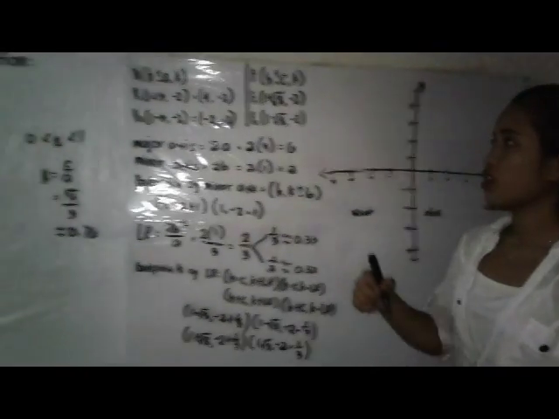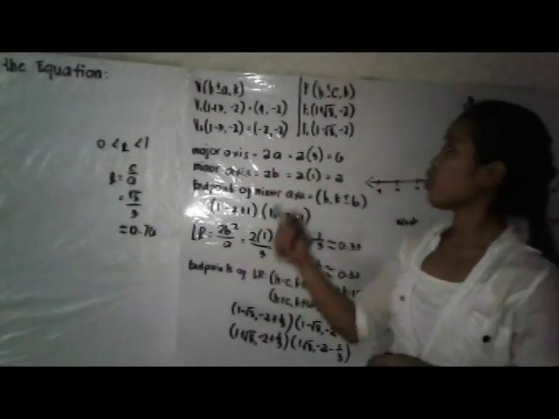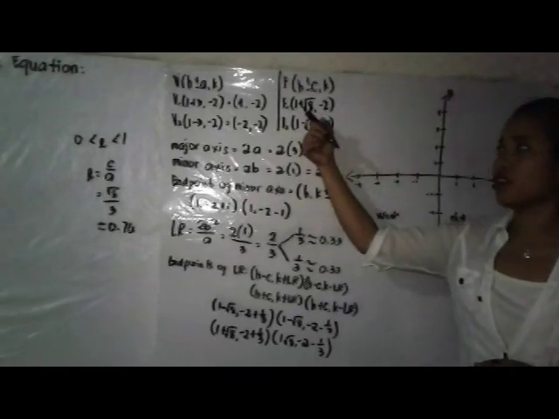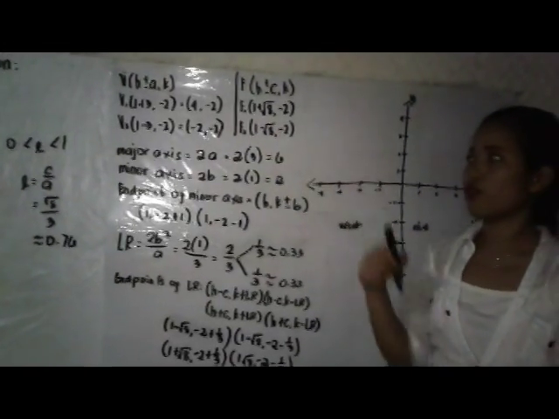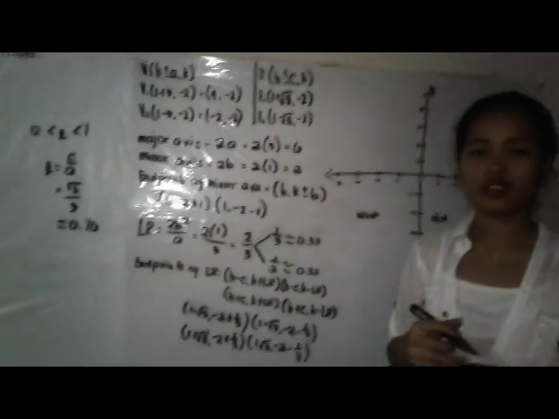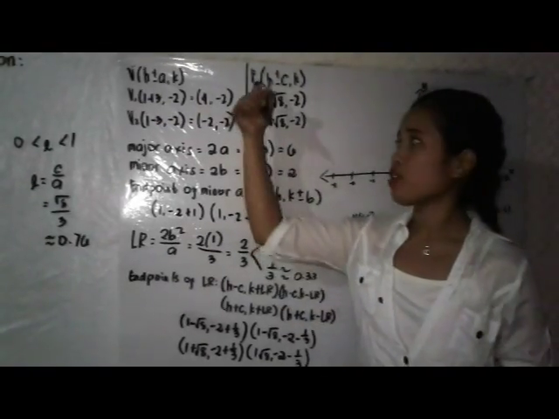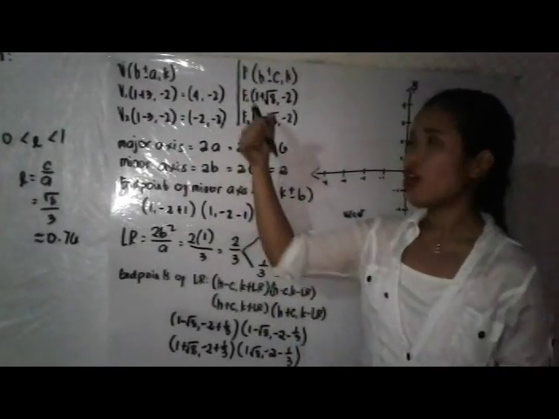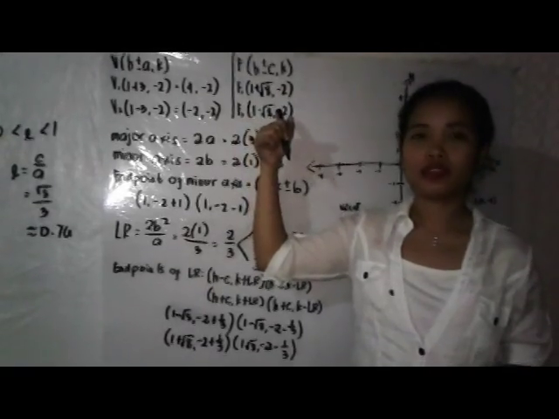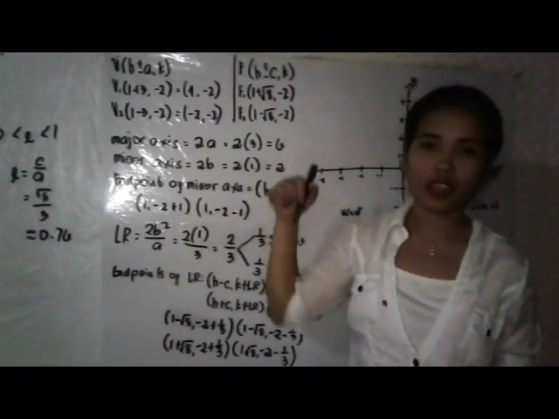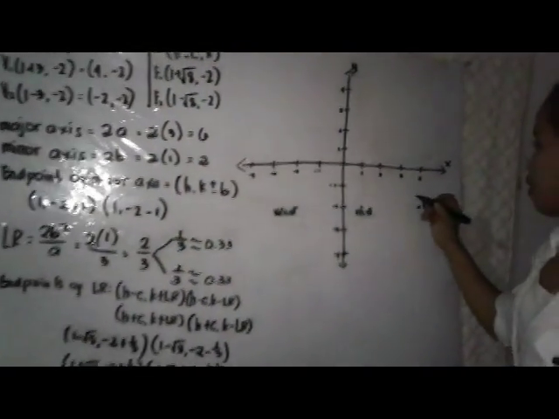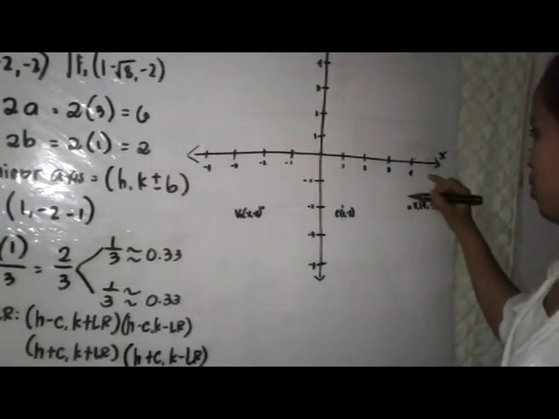And next is the foci. Next is to find the value for foci. So our focus 1, it is 1 and positive square root of 8 and negative 2. So we have this.